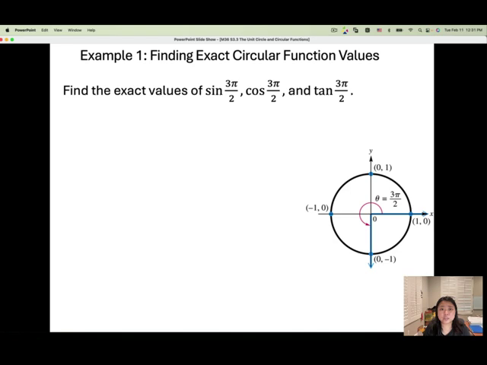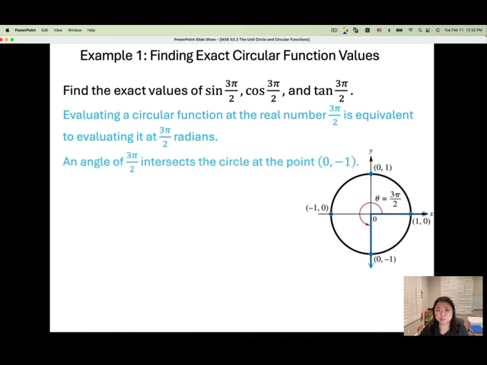Example 1. Find the exact values of sine 3 pi over 2, cosine 3 pi over 2, and tangent 3 pi over 2. So first, sine 3 pi over 2. 3 pi over 2 talking about the angle from here to here. And it is also equivalent to the s here, 3 pi over 2.